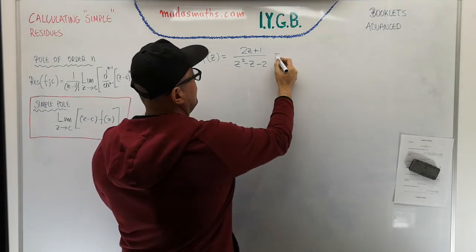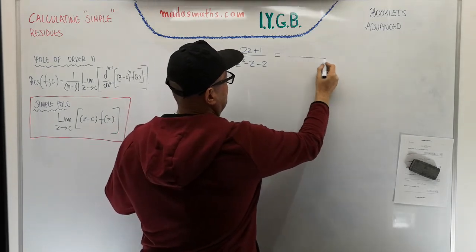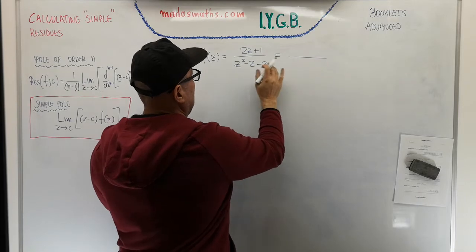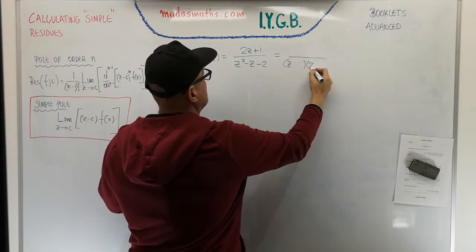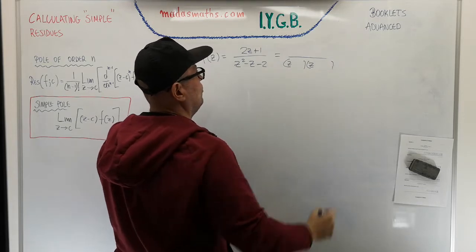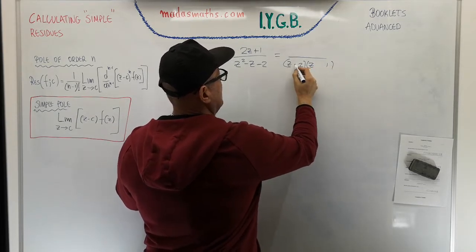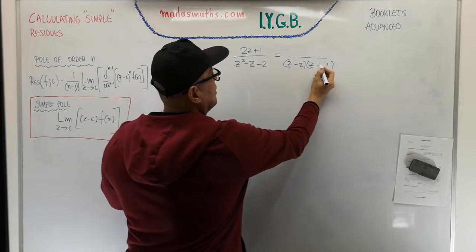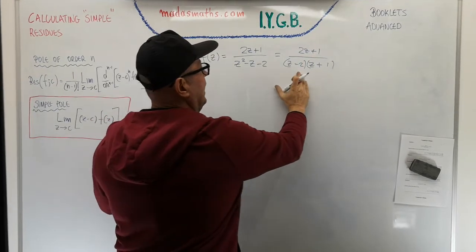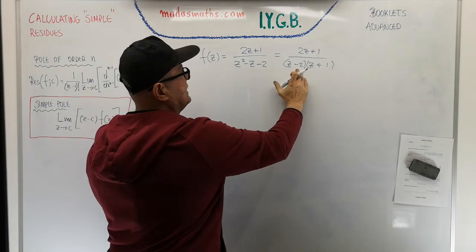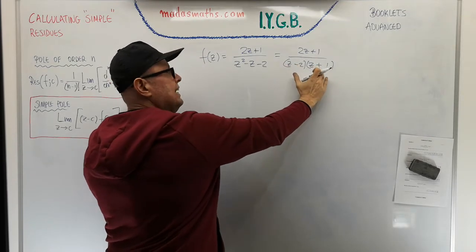First of all, we need to see what kind of poles it has. This is quite clearly factorizable. It's quadratic, factorized over the reals, so it's z minus 2 times z plus 1. The top doesn't make any difference. So we have simple poles at 2 and -1.